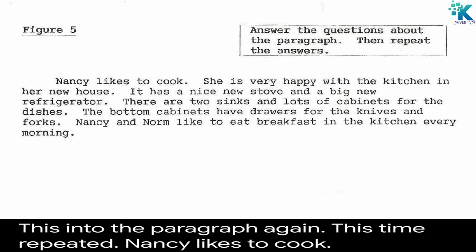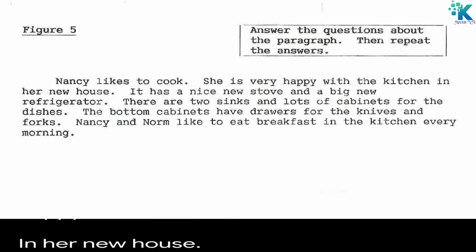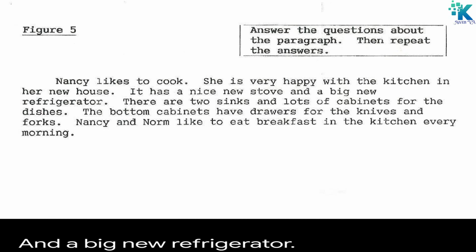Nancy likes to cook. She is very happy with the kitchen in her new house. It has a nice new stove and a big new refrigerator.